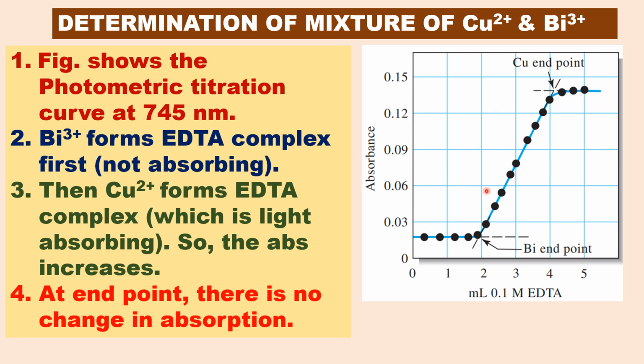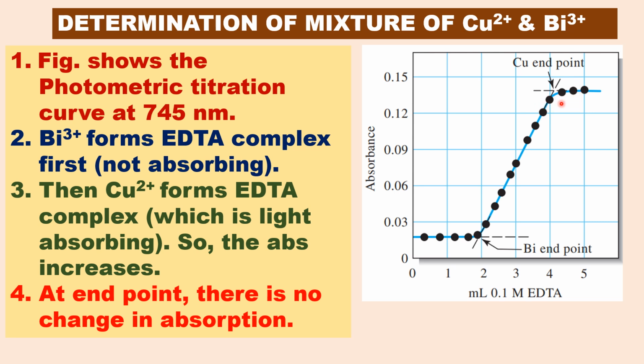On adding EDTA, bismuth forms the EDTA complex first, because the bismuth EDTA complex is more stable. Both EDTA and bismuth EDTA do not absorb, therefore there is no change in absorbance. Once all the bismuth is consumed, copper starts reacting with EDTA to form the copper EDTA complex, which absorbs light, so the absorbance increases.